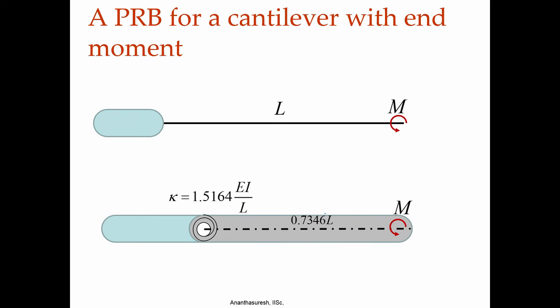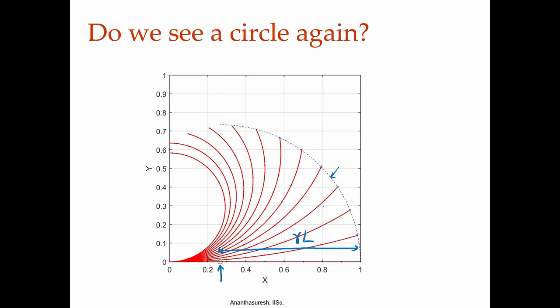That turns out to be 0.7346 times L, where you have to do the optimization, that is you have to minimize the deviation between what you get from the large deflection analysis of a beam under the moment load, and the circular arc. If you minimize the error between the circular arc and this locus that you get from the elliptic integral solution, or here we actually have an analytical solution, right.